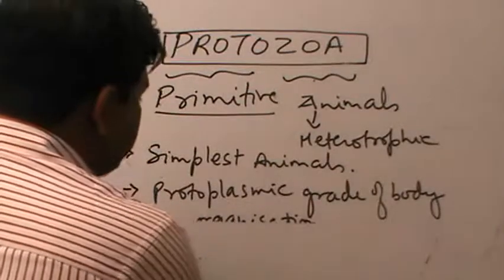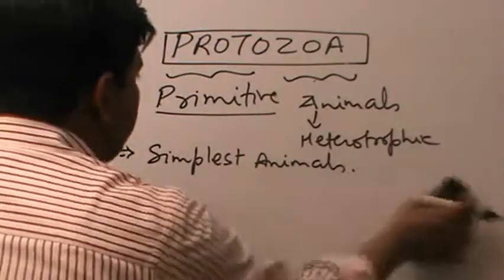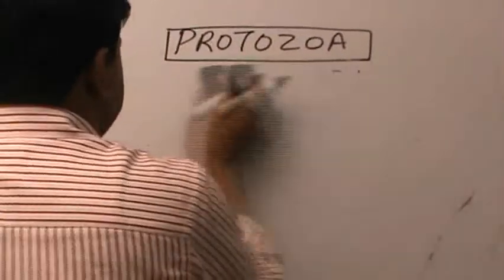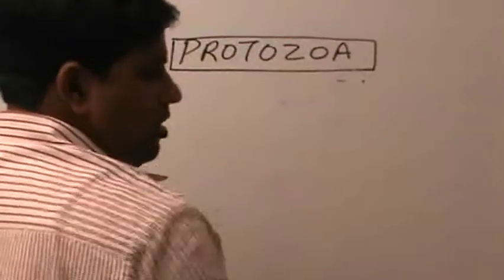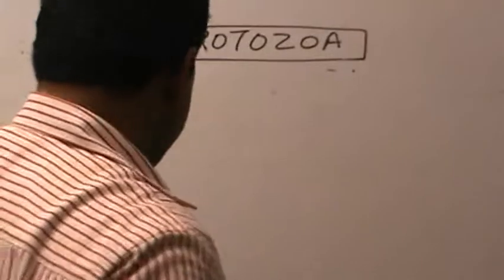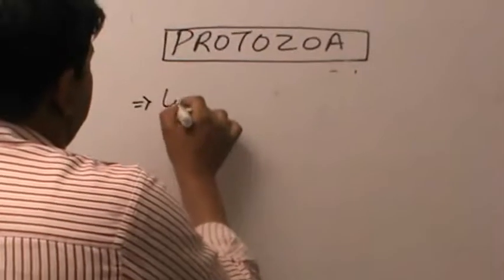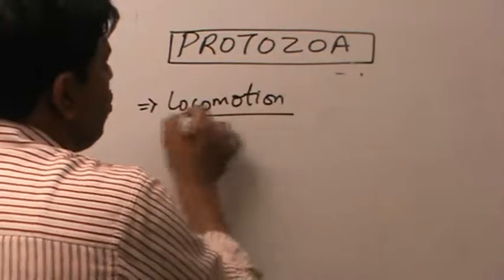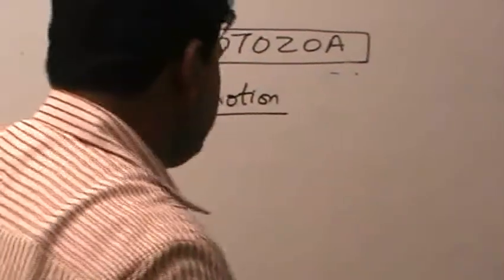Now, other characteristics of these primitive animals involve locomotion. Locomotion means how they change their position.